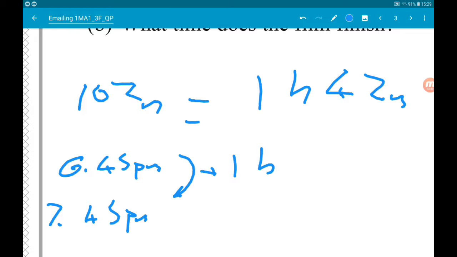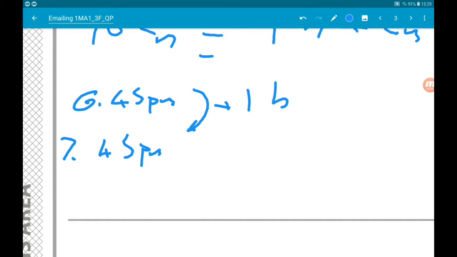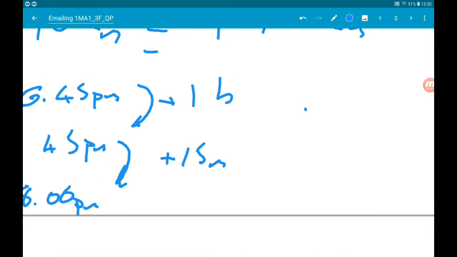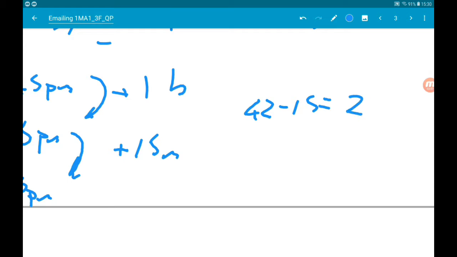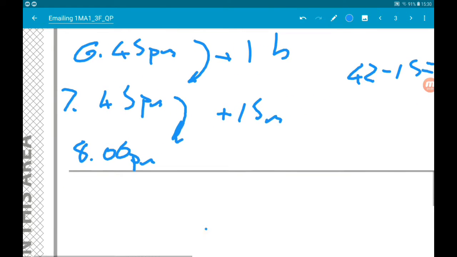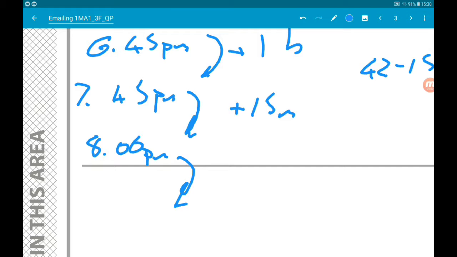So if we add on 15 minutes, that's going to get us to 8 p.m. Now 42 minus 15 is 27. So we have 27 more minutes to add on. That's going to get us to 8:27 p.m.